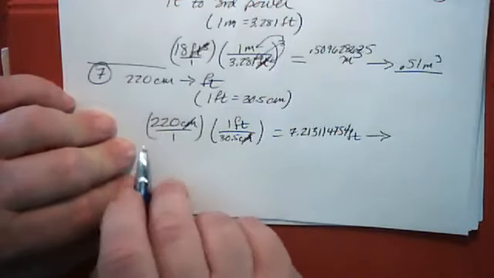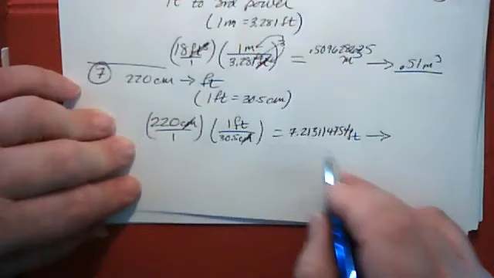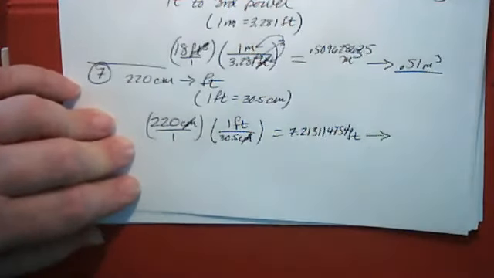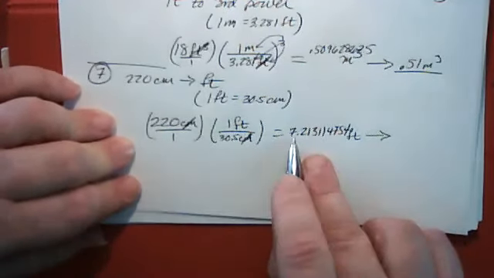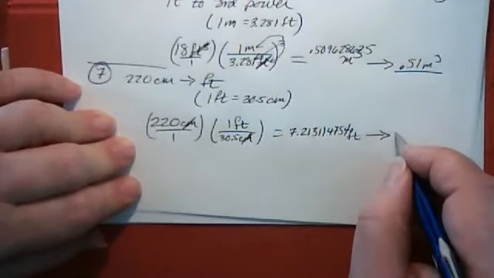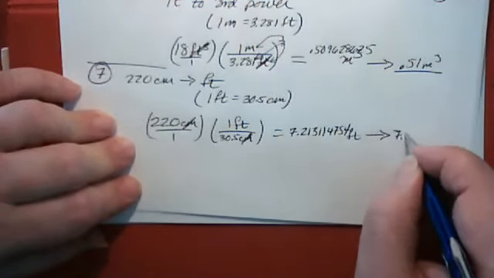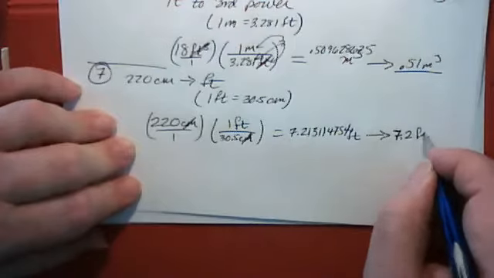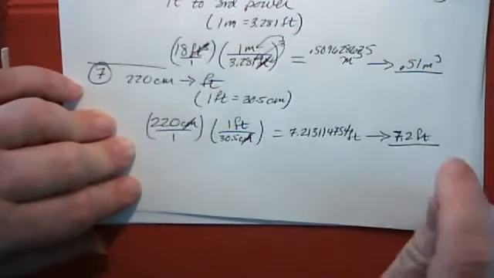So the 0 at the end doesn't count. That means the 7 and the 2 can stay, but everything else has to go. First number we're dropping is a 1, so that has no effect on the numbers before it. 7.2 feet should be what we get.